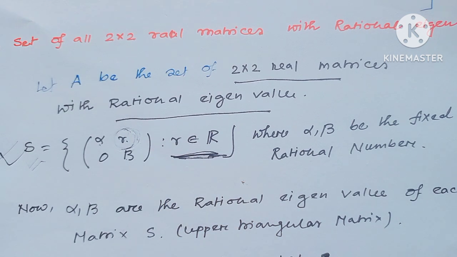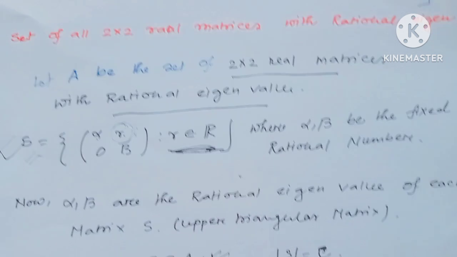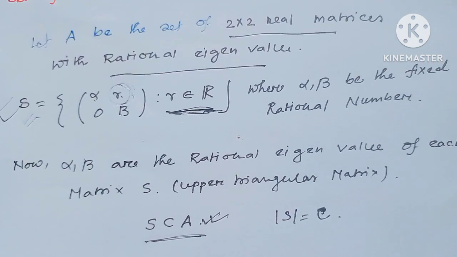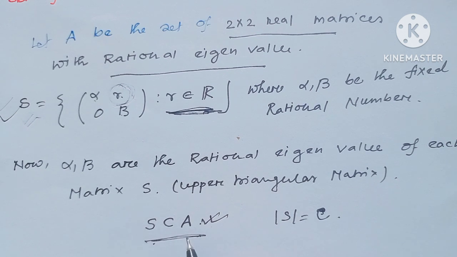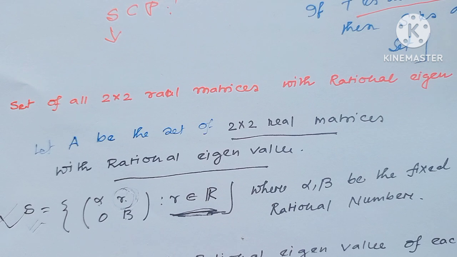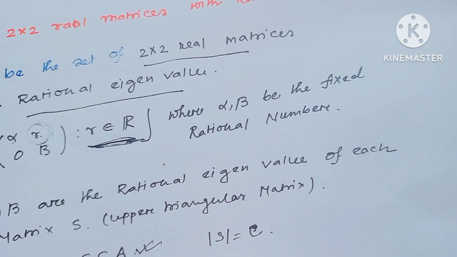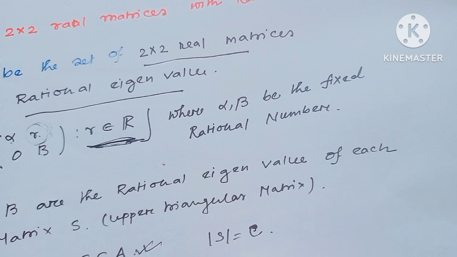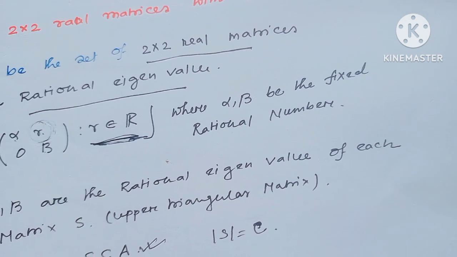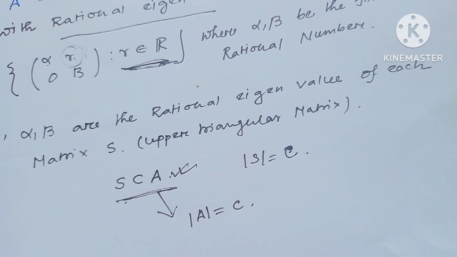So the cardinality of S is the continuum C. And since S is a subset of A, where A is the set of 2 cross 2 real matrices with rational eigenvalue, the cardinality of A would be the continuum C. I hope all viewers have understood this.